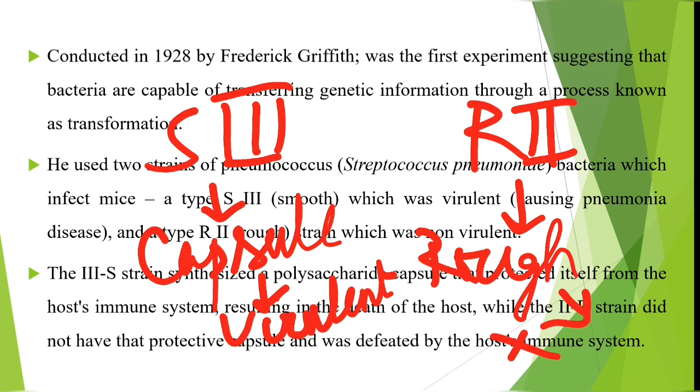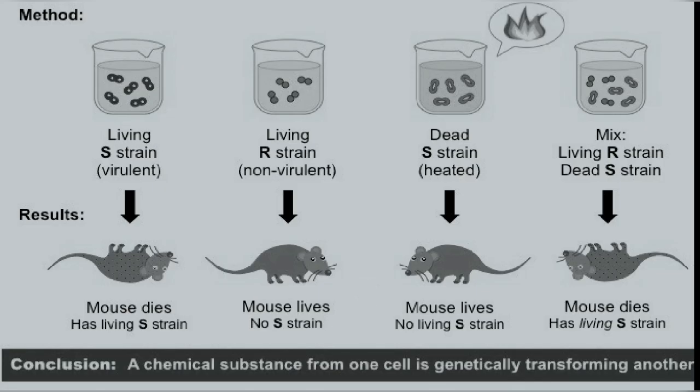Then he did his experiment. He took four situations. At first, he injected the S3 type of strain into mice and the mice died due to pneumonia. Then he injected the R2 type of bacteria into mice, but the mice lived and pneumonia was not produced, because R2 strains are avirulent.